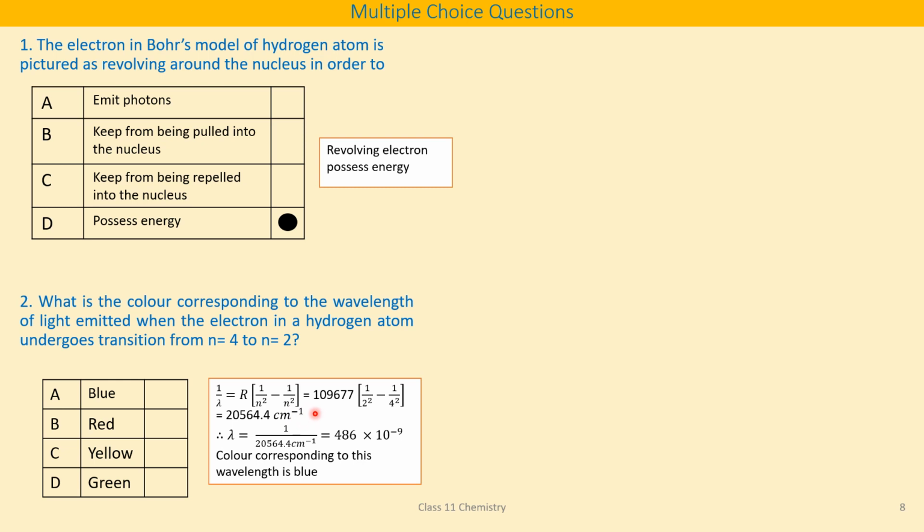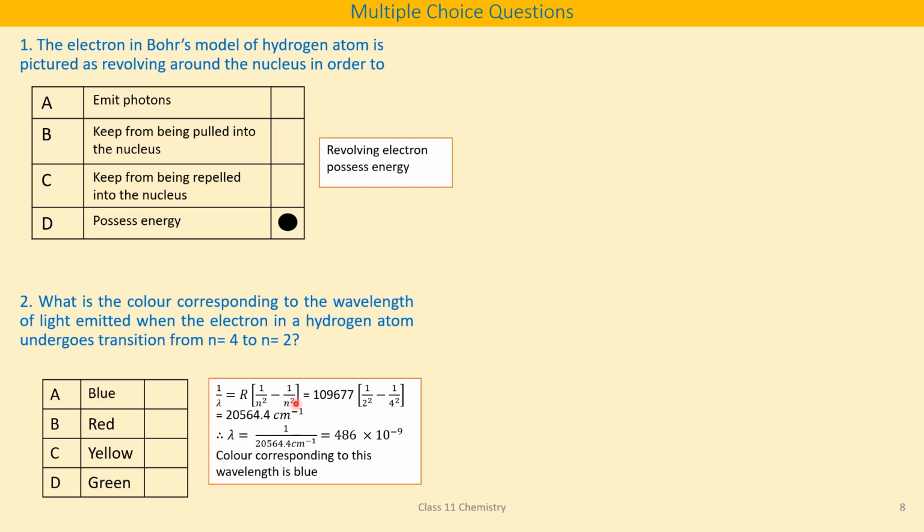So that is equal to 109677 into (1 over 2 square minus 1 over 4 square). Here, the electron is falling from n is equal to 4, that is ni is equal to 4, and nf is equal to 2.